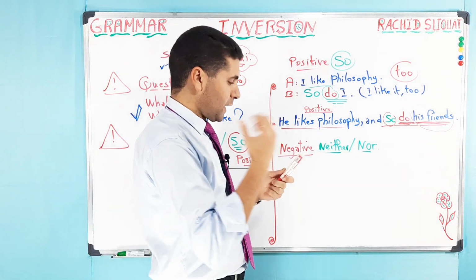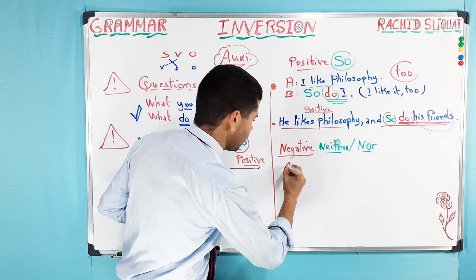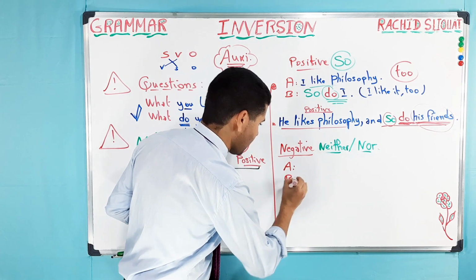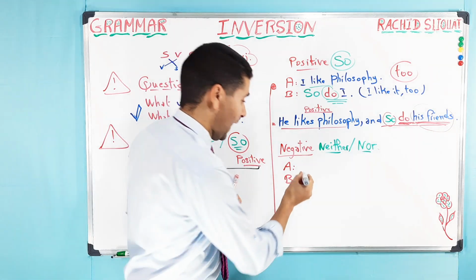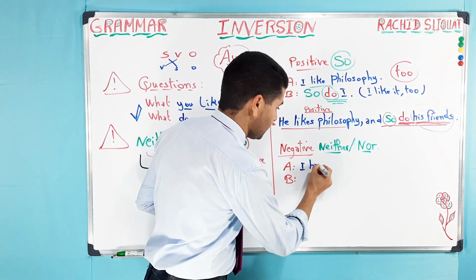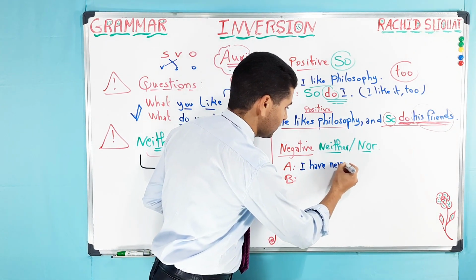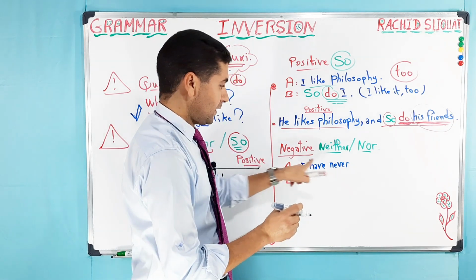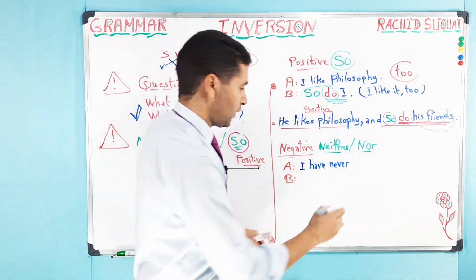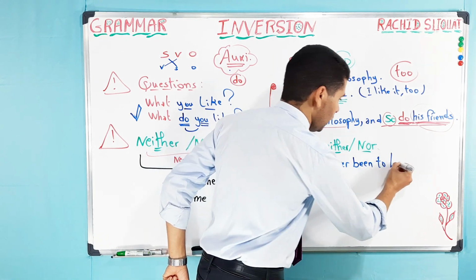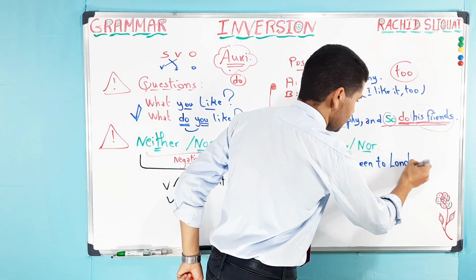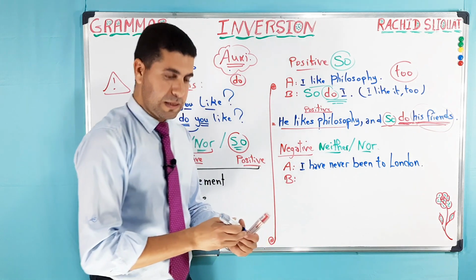Now here we can take one short dialogue between A and B. For example, A may say, "I have never been to London."